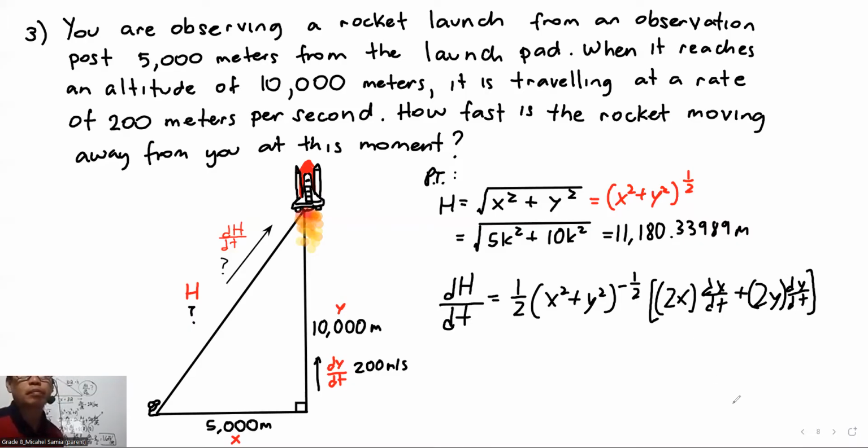Since x is constant, this will be zero. Josh, kindly indicate in the illustration: 5,000 is equal to x, and could you write dx/dt is equal to 0, using your red marker. Your hypotenuse is dh/dt equal to the unknown, and dy/dt is equal to 200. So dx/dt is equal to 0 meters per second.